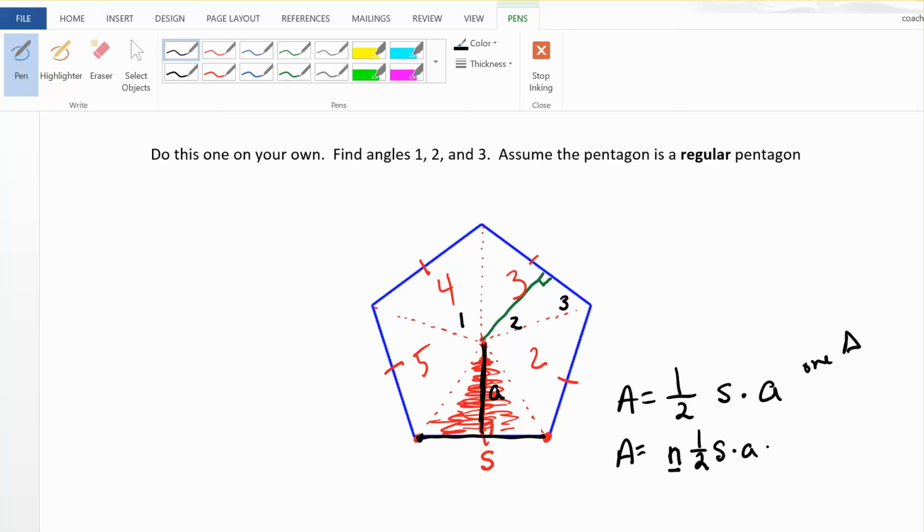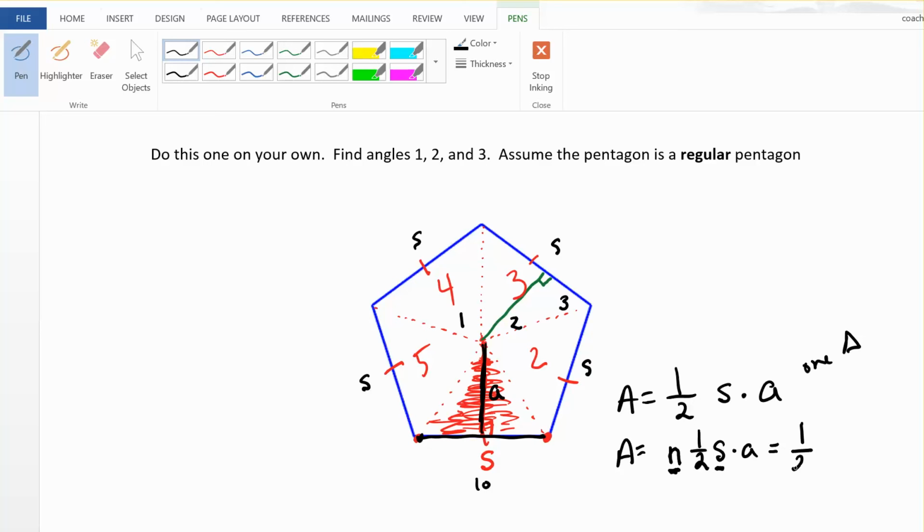Now here's where the formula comes in. The number of sides times the length of each side, that's the same thing as the perimeter. Because if this side were 10, 5 times 10 would be 50. So the number of sides times s is the perimeter of the figure, and that leads to this formula for the area of a regular polygon.